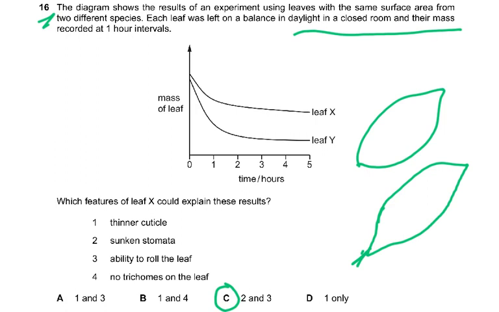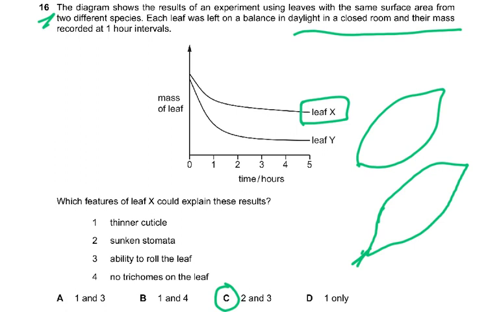So which feature of leaf X could explain that it lost less water? The mass had less decrease. So the answer was C. It had sunken stomata and an ability to roll the leaf, so there was less water loss.